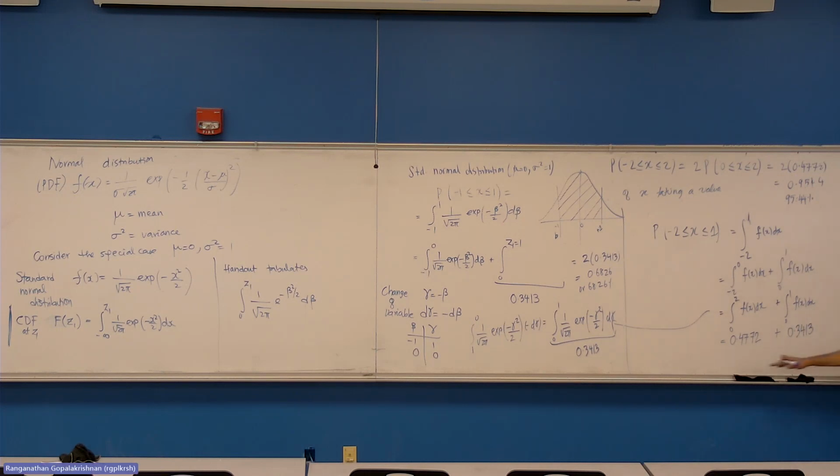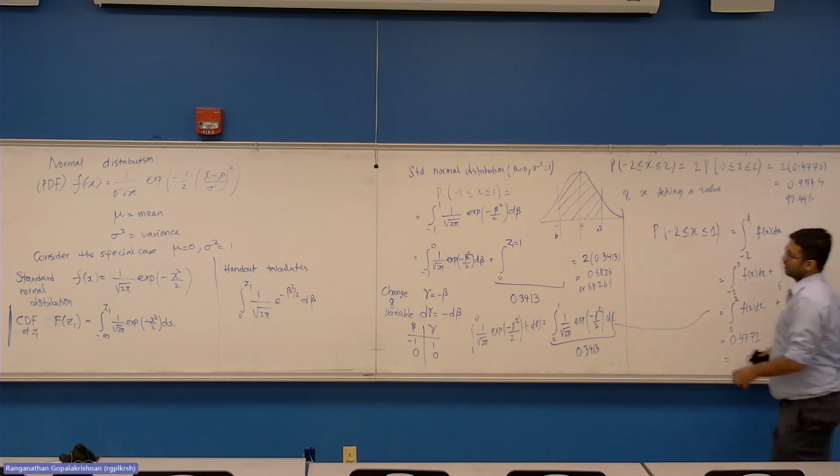How much is this? Are you getting this? Did you look up and agree with me that this is 0.4772 and 0.3413? Then there's your answer right here, for between -2 to +1.